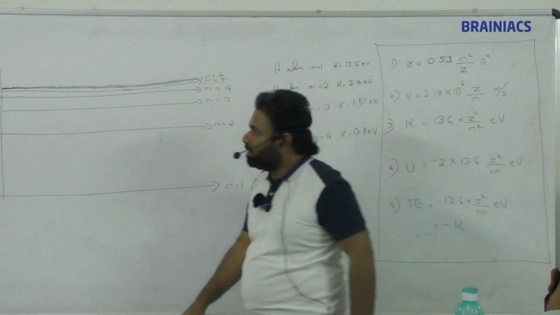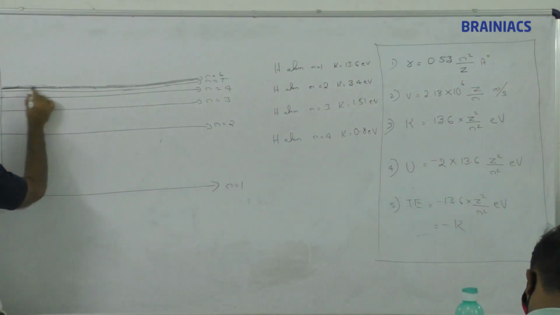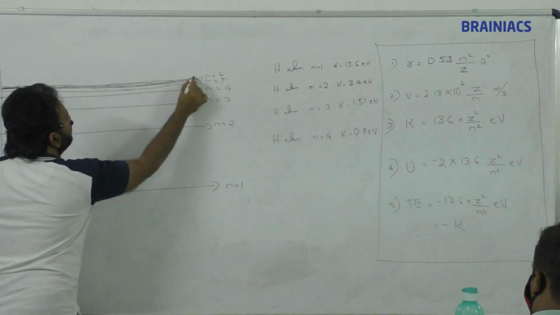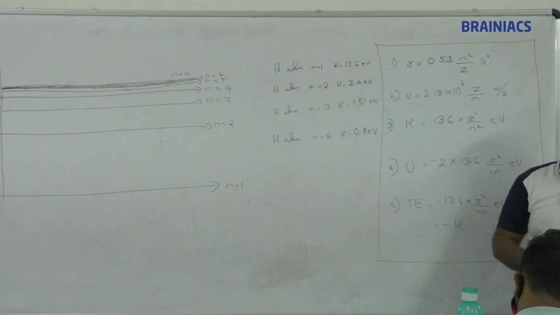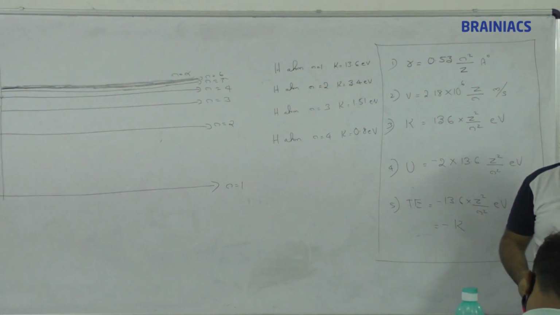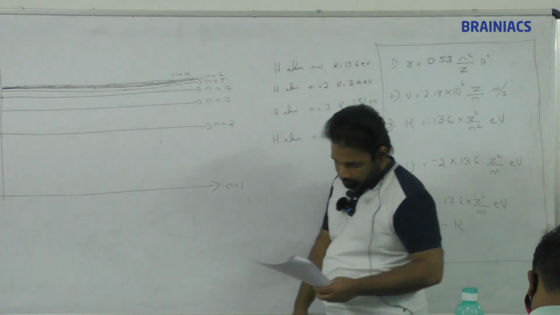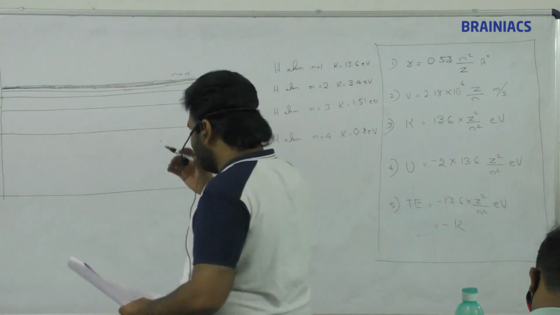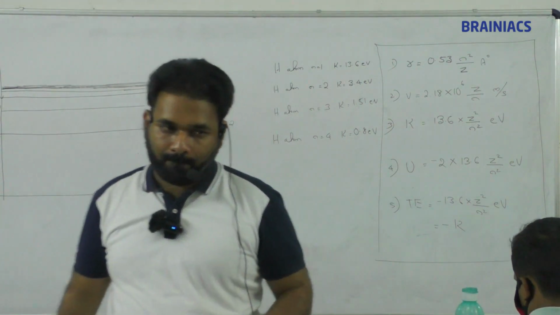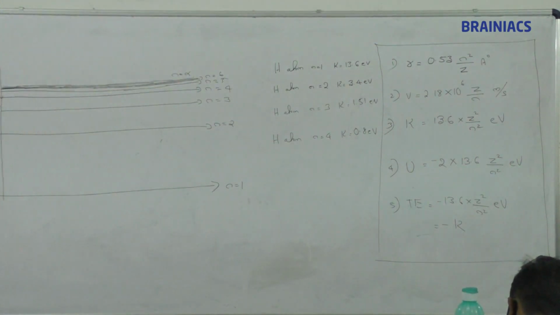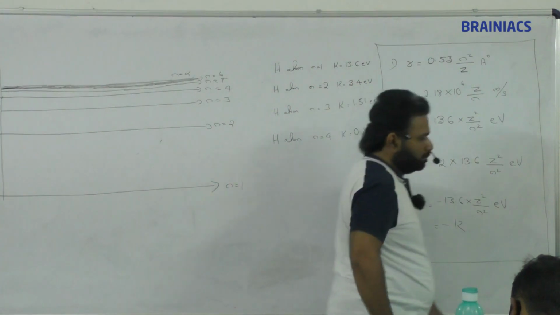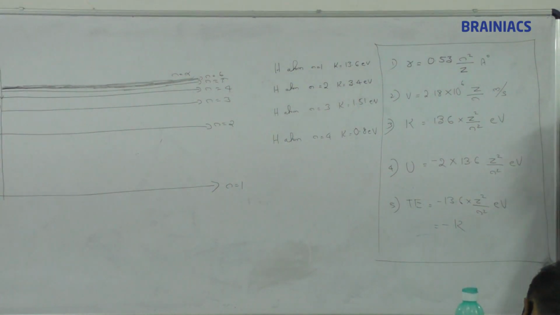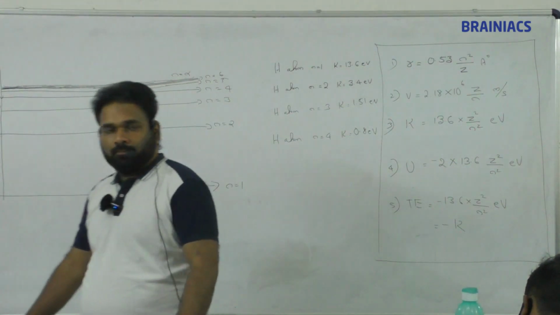N is equal to infinity, continuous spectrum will be there. Done? Okay, clear?